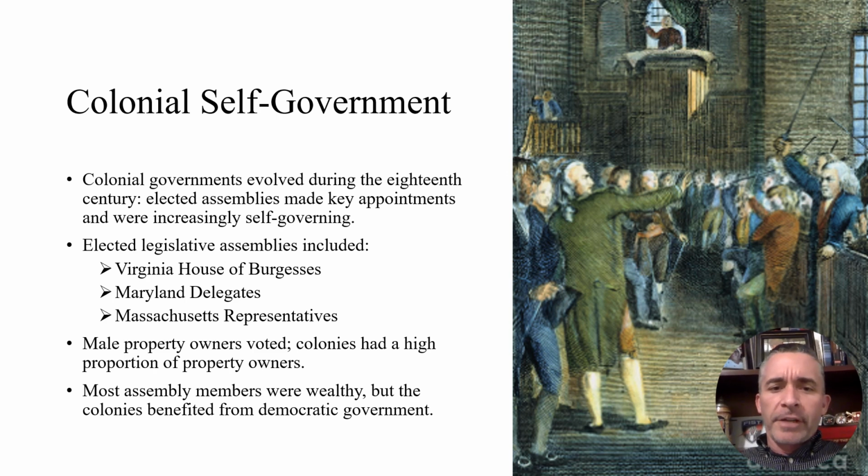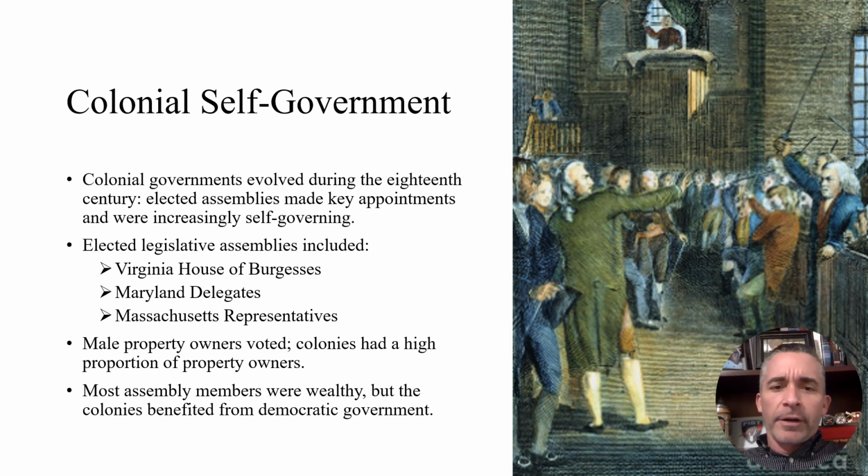So colonial self-government was one of the key developments leading up to the French and Indian War in 1754 and later the American Revolution. So the colonists were used to governing themselves.